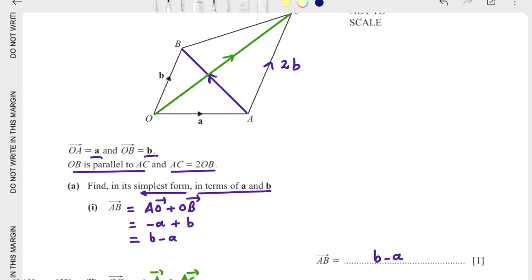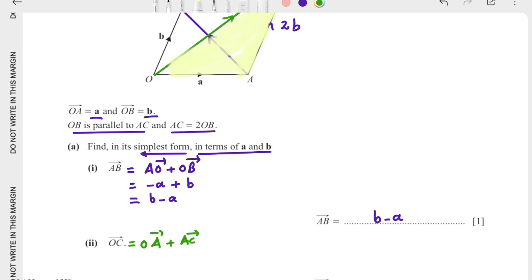So this is a very suitable path. Now OA is equal to A and AC is equal to 2B. This is the answer.